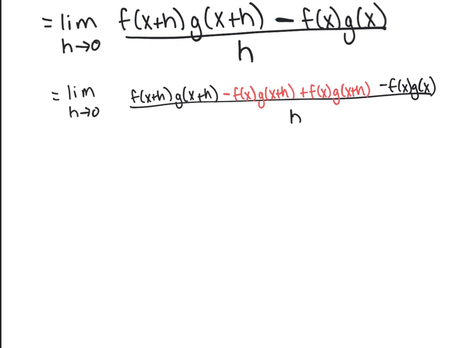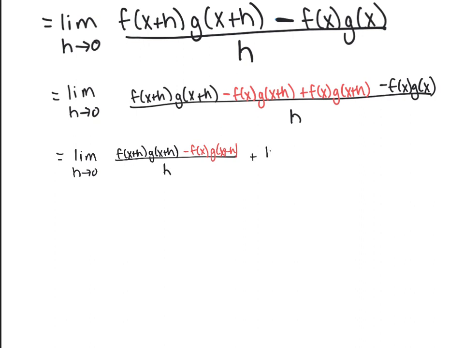Okay, so now I'm going to focus on splitting this limit up into two different limits. So I'm going to take these two terms and split them up. And I'm going to take these two terms and split them up. So we'll have two separate limits of two separate fractions. So the first one is this f of x plus h, g of x plus h, minus f of x, g of x plus h, and that's all over h.